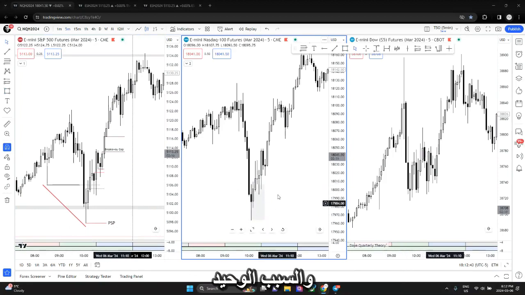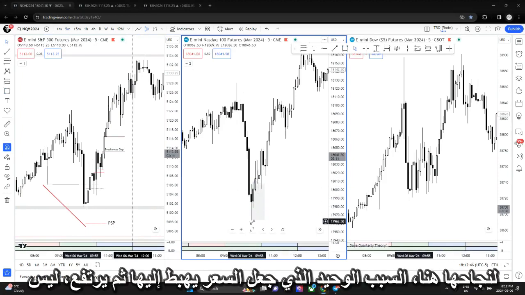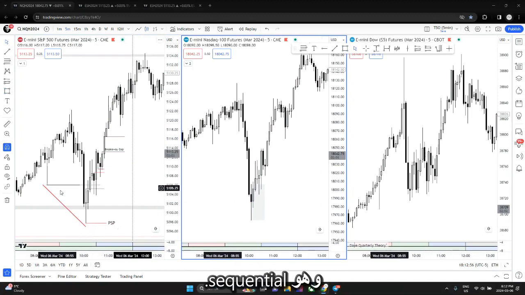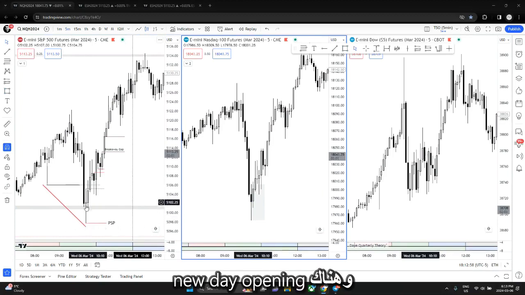And the only reason why this works here, the only reason why price went down into it and rallied, is not because it's just an order block. It's because we have SMT, which is sequential. There's a new day opening gap here.